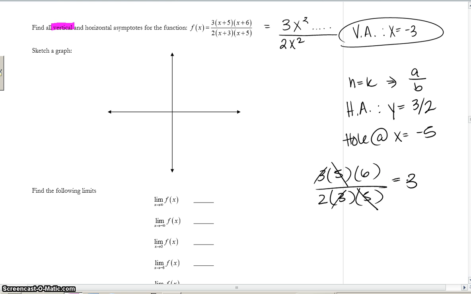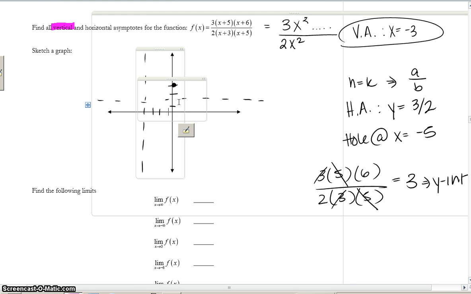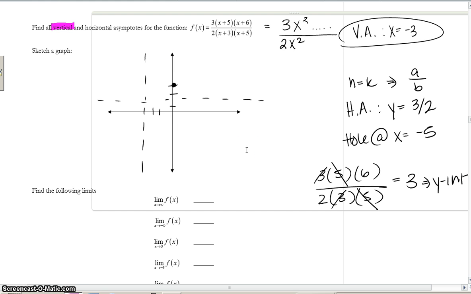So we have a y-intercept at (0, 3). Okay, and we have a vertical asymptote at -3 and a horizontal asymptote at 3/2. Sorry, that's supposed to be in between the 1 and the 2. Just going to move the 1 down there. Okay, so now we've got this.